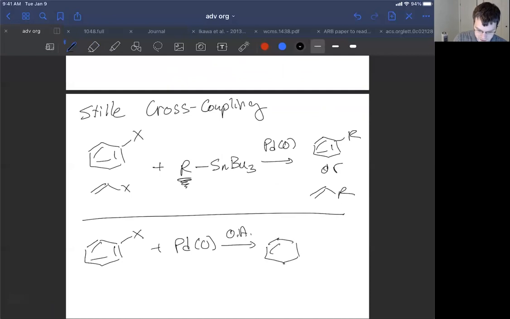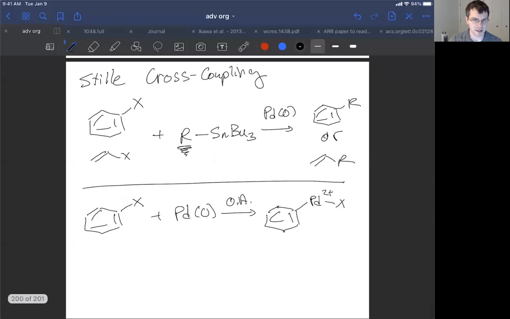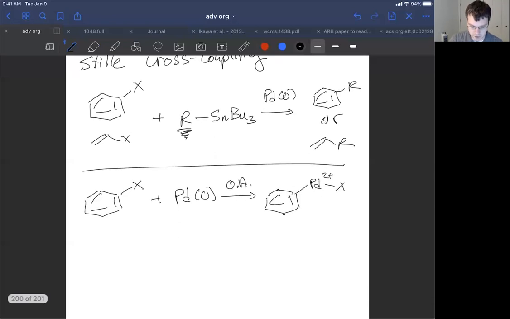The oxidative addition is going to generate a palladium species, which is now in the +2 oxidation state. Now, it turns out that tin is actually quite capable of undergoing transmetallation on its own, especially if we have the R group positioned well. It does really well with sp2 hybridized R groups. And so what we're going to do in this stage is sort of our metathesis reaction called transmetallation.